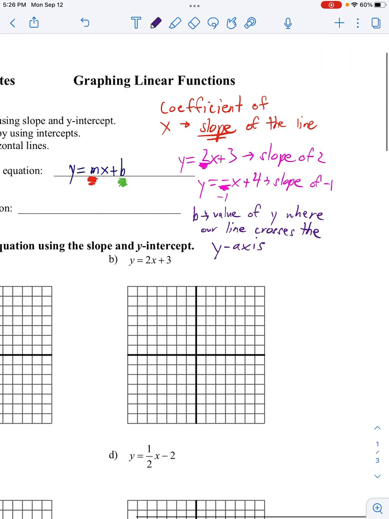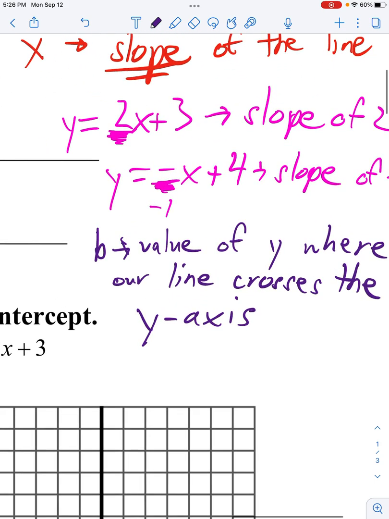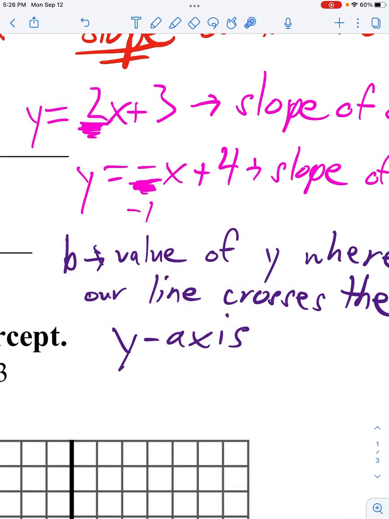So these equations here, this second line would have a y-intercept of 4. So at the point 0, 4, this line intercepts the y-axis.